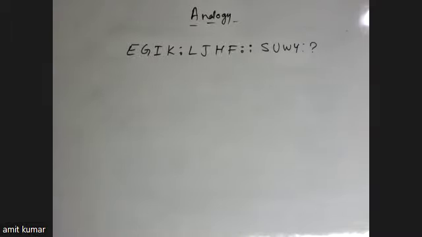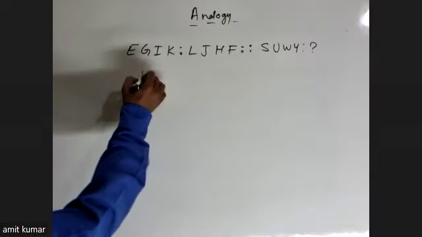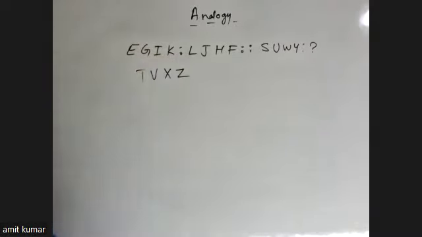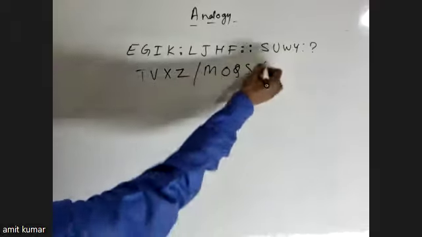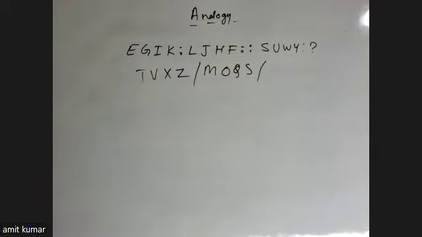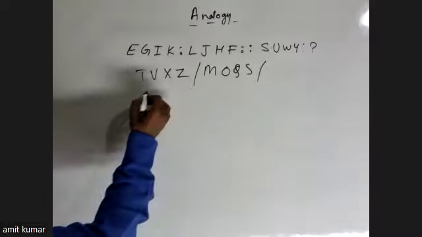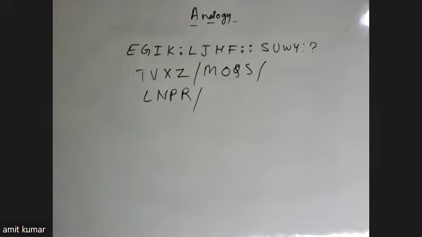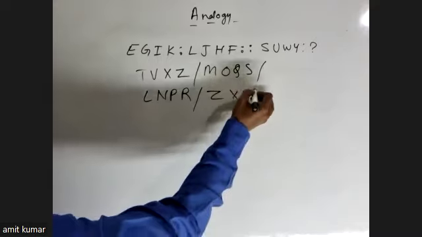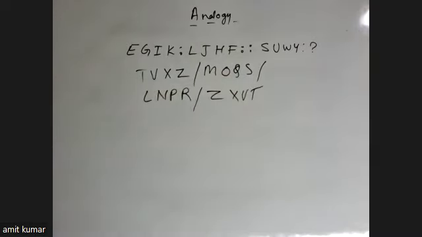Options, of course, beta, options are also given. TVXZ, MOQS, LNPR, ZXVT. These are the 4 options.